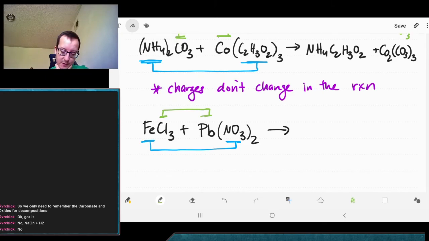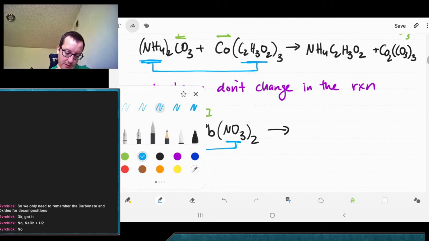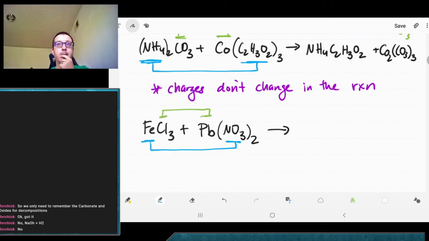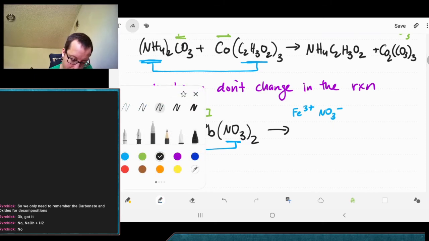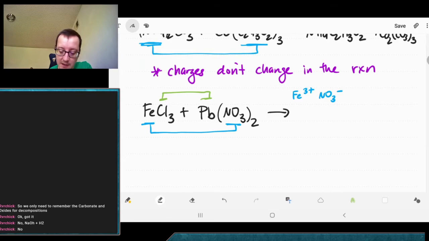We look at our original compounds. Hopefully we can tell that the iron here is +3, because chlorine is -1. There's 3 chlorines, so the iron must be +3. We know nitrate always takes a charge of -1. So one of the compounds that we're going to get out of here is iron 3 nitrate.